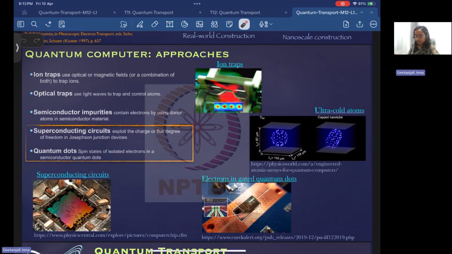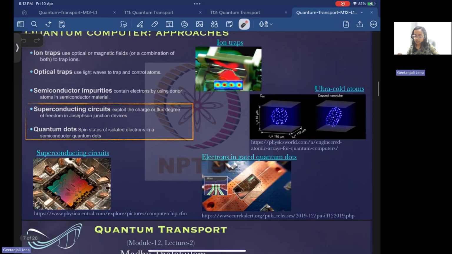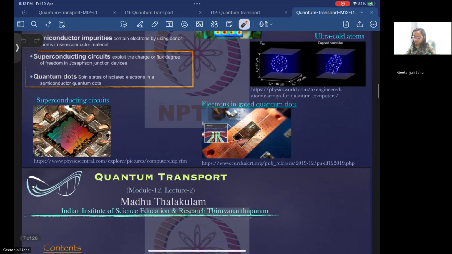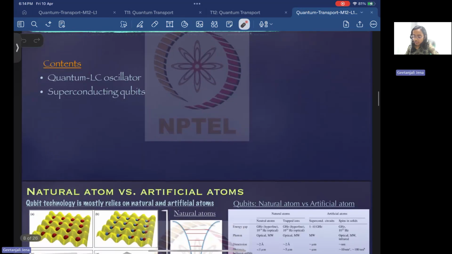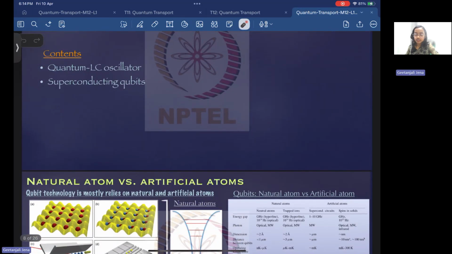So let us see in detail what these different approaches for getting a quantum computer are. So we'll start with the superconducting one in the first part. Then we'll move to the gated quantum dot based qubit technology.